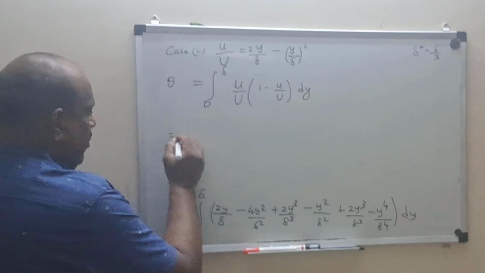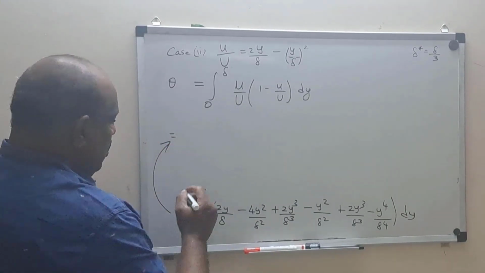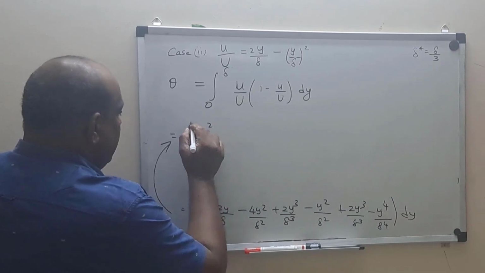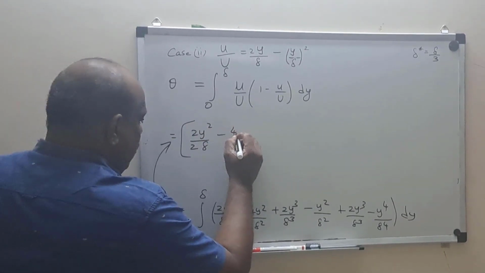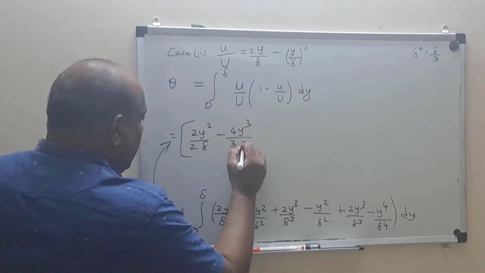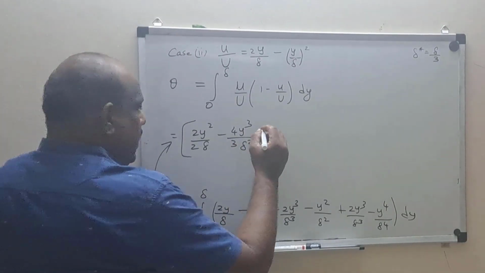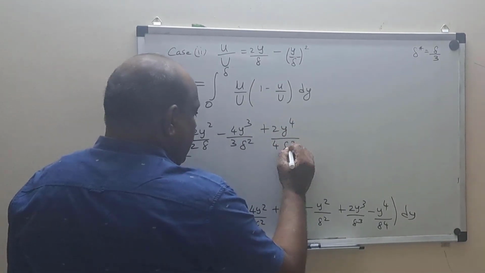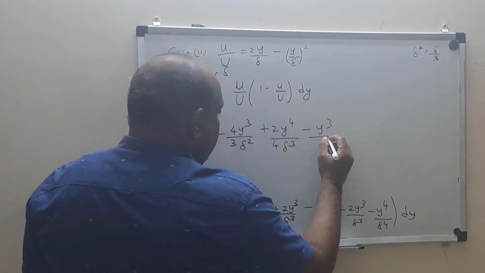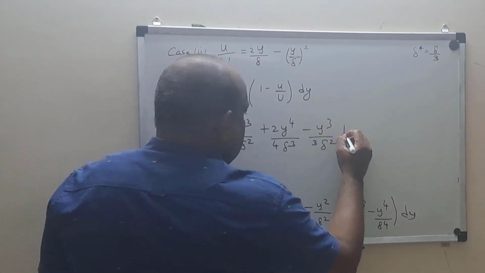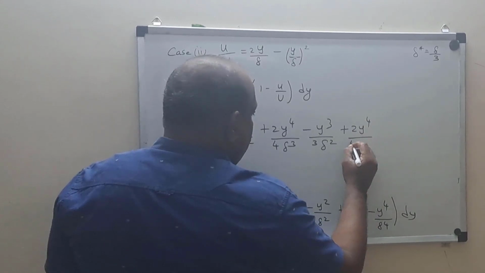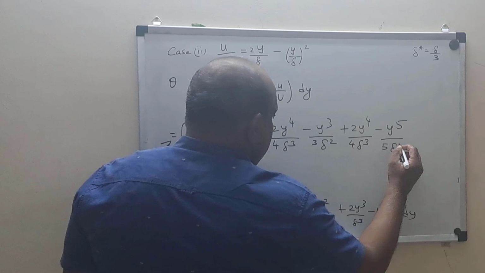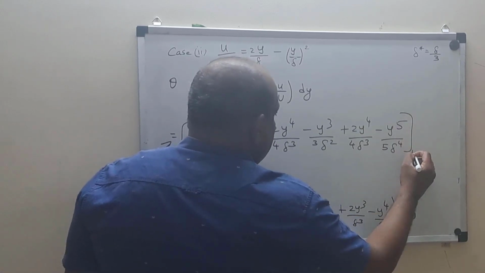After integration it will become 2y squared by 2 delta, minus 4y cube by 3 delta squared, plus 2y power 4 by 4 delta cube, minus y cube by 3 delta squared, plus 2y power 4 by 4 delta cube, minus y power 5 by 5 delta power 4, with limits 0 to delta.